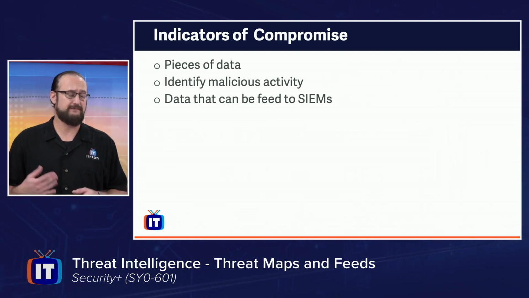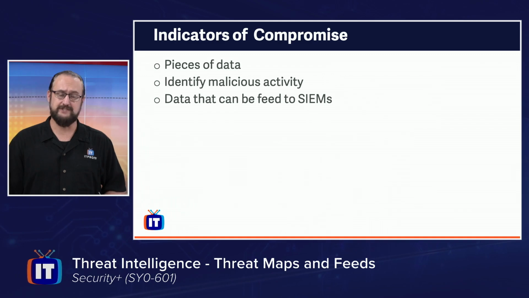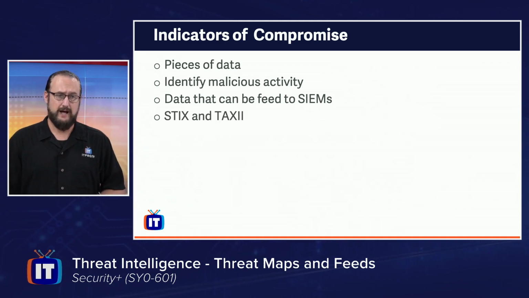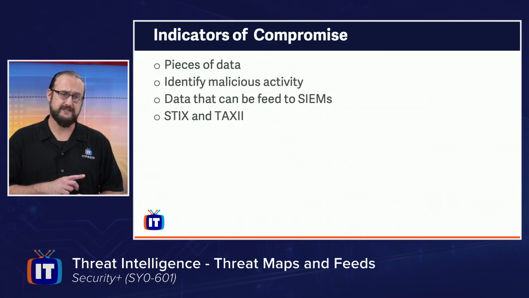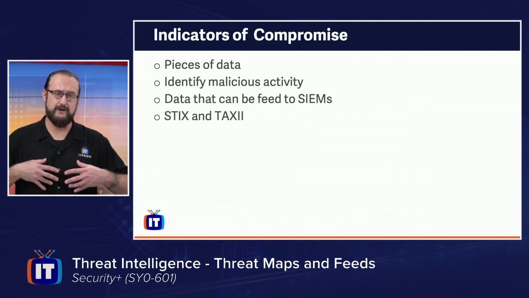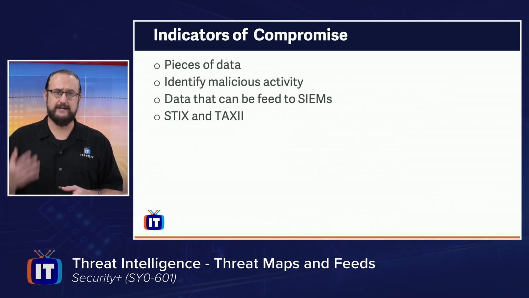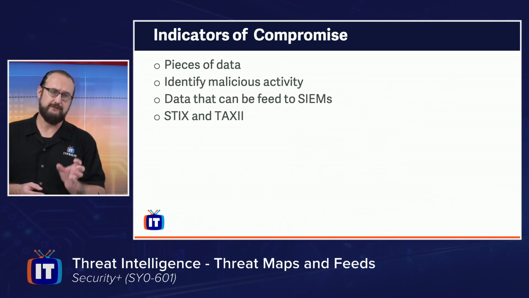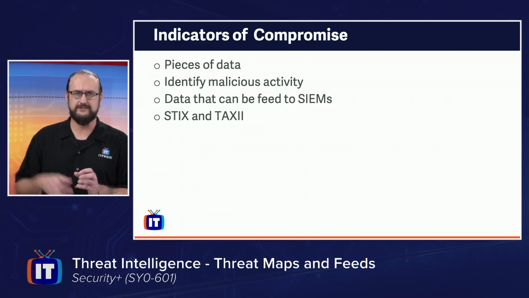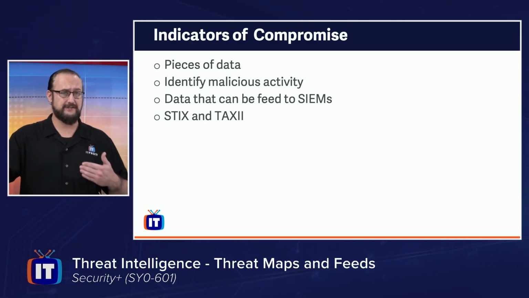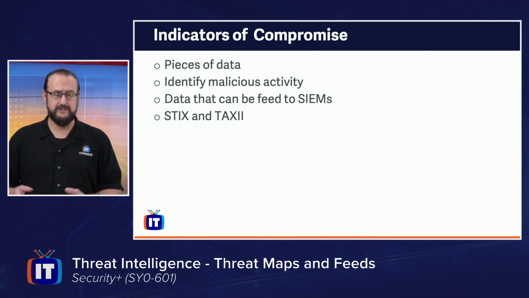To give you an example of IOCs, there is a standardization out there, and that's STIX and TAXII. Be aware of STIX and TAXII. They really are a standardization approach to how you define indicators of compromise, and then how you communicate that to other sources as a resource.